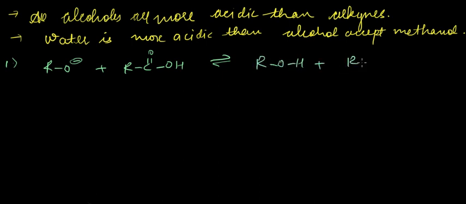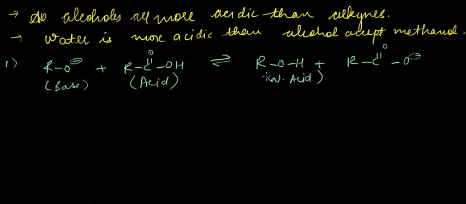One way of approaching this is: this is a base, this is an acid, and this is a weak acid comparatively to the carboxylic group, and this is a conjugate base. So if you look into the priority list, you can easily see that this acid is stronger than this acid, hence the reaction will proceed in the forward direction.